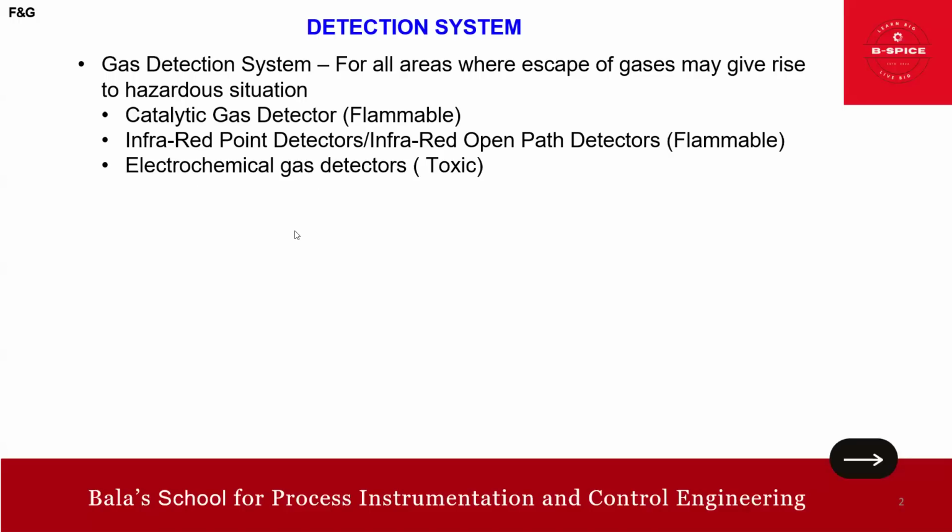Then the electrochemical gas detector, for toxic gases. How does it work? I'll touch upon the sensing mechanism. Basically, this detector uses an electrochemical cell, where a chemical reaction occurs when the target gas is present.